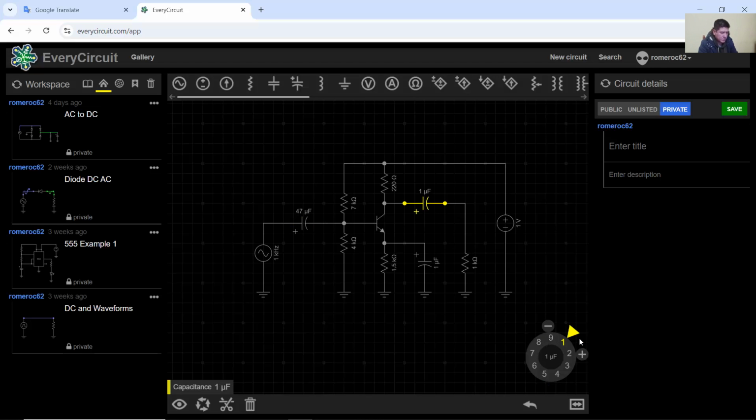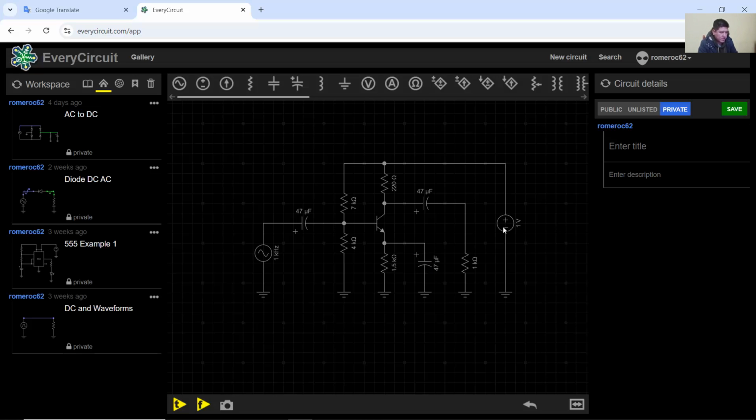Modify the 3 capacitors. And this, adjust 47. Okay.